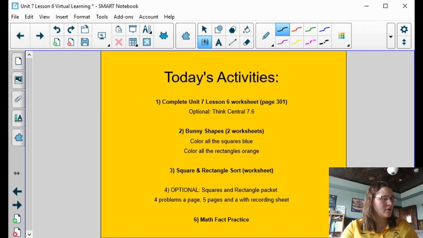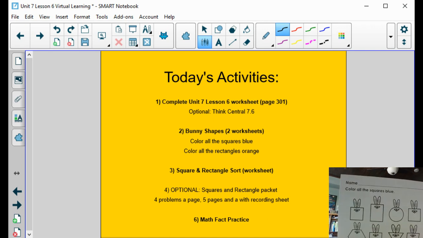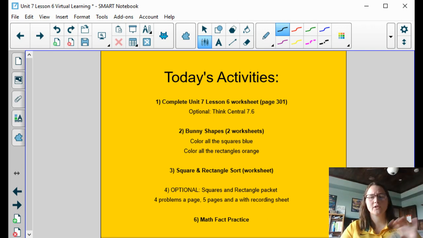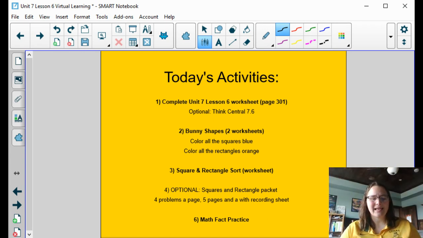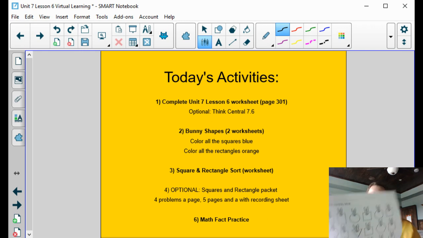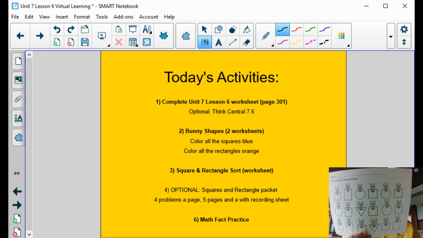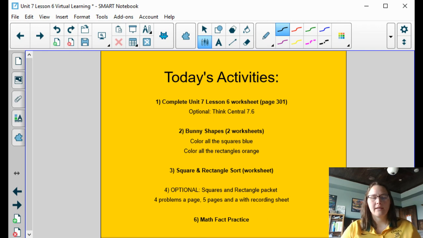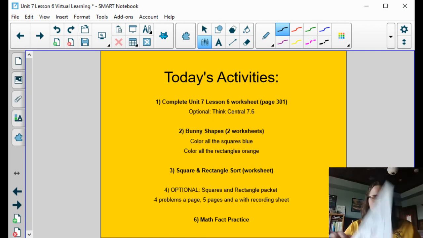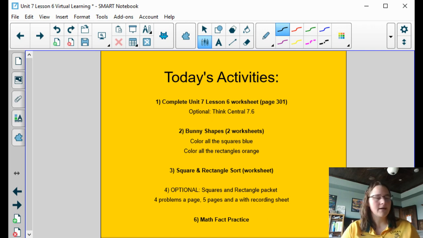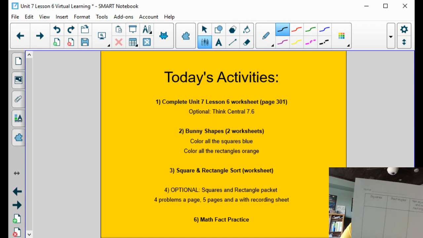Then we have two different bunny shape worksheets, two of them. The first one says color all the squares blue. So you're going to find all the squares here and color them blue. And the other sheet says color all the rectangles orange.